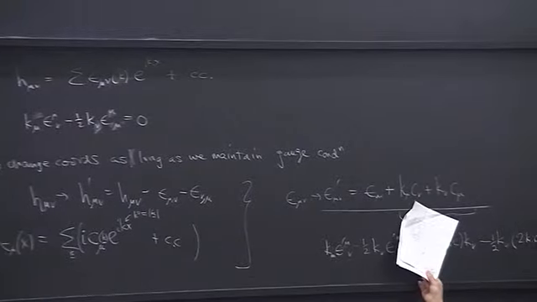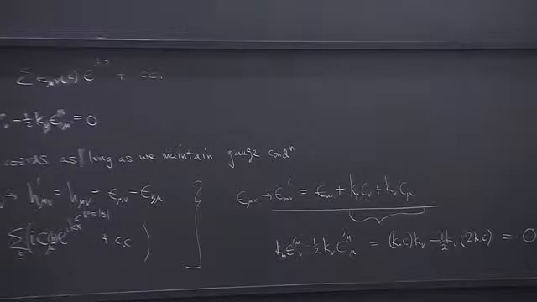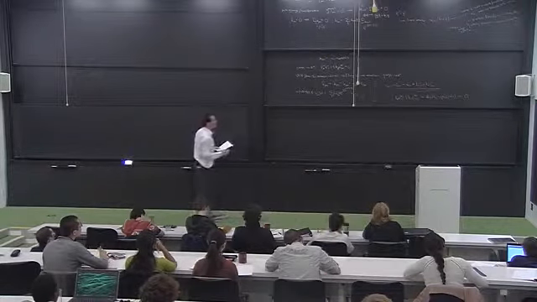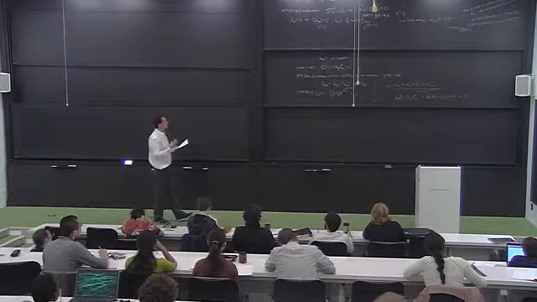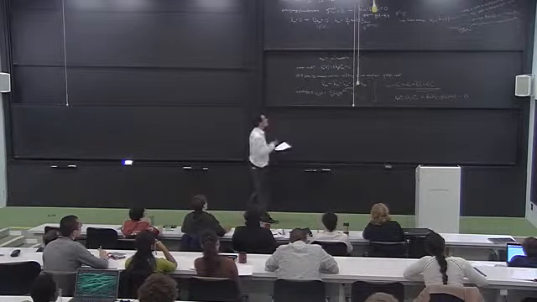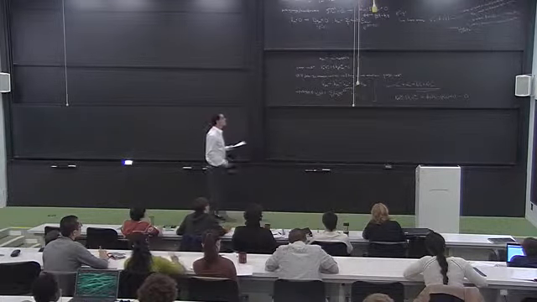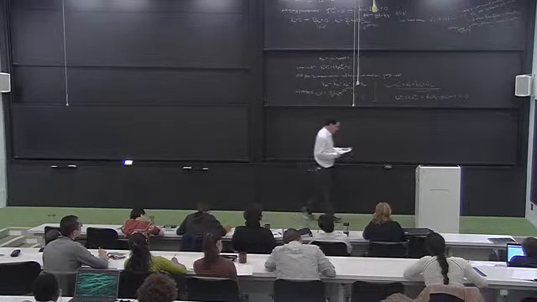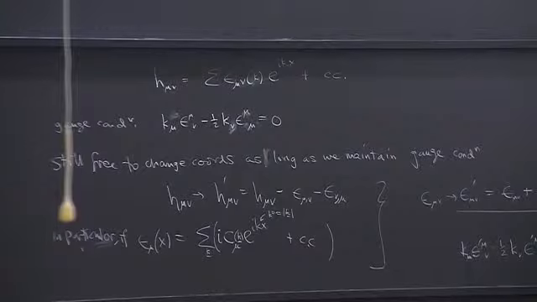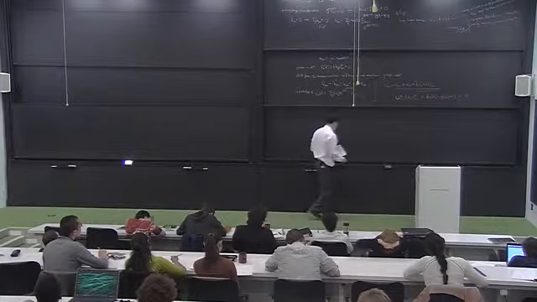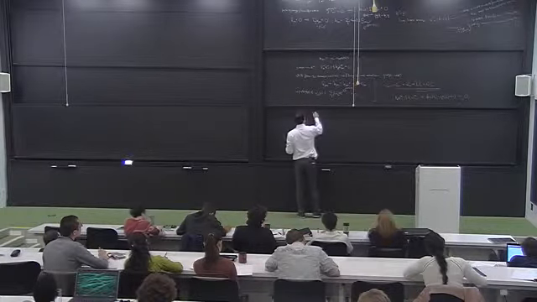Okay, so 10 minus 4 gives 2. So we end up with 2 linearly independent entries in that polarization tensor matrix, which cannot be changed by coordinate transformations. So let's sort of see that all explicitly. So let me just write that down.